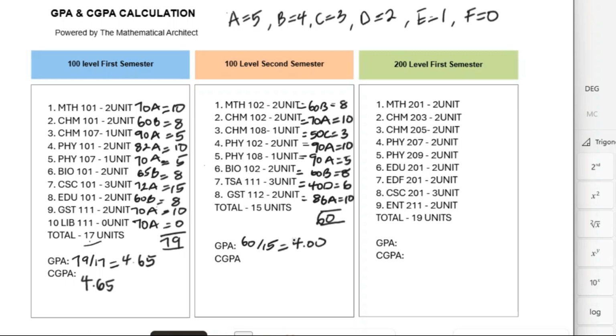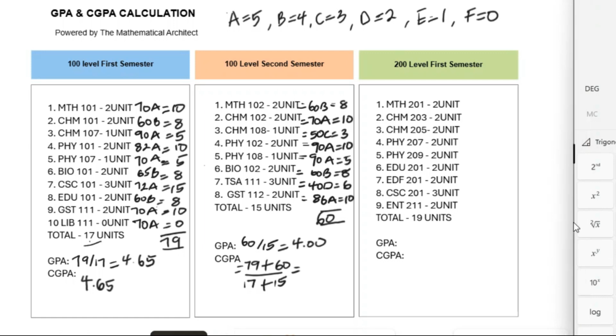So what this means here is that to find your CGPA, your total points in first semester, that was 79, plus your total points in second semester, that's 60, then divided by the number of units in first semester here is 17. The number of units in second semester here is what? 15.